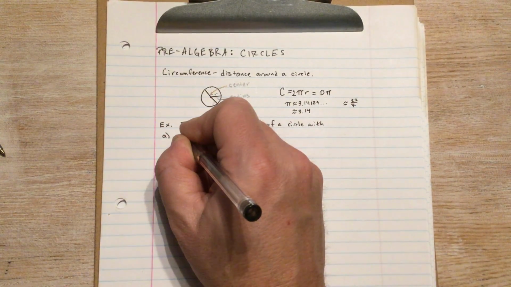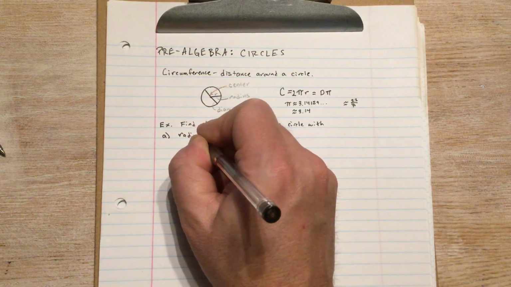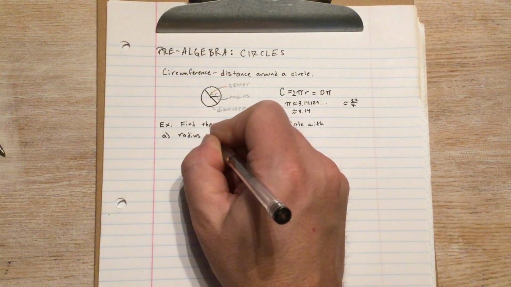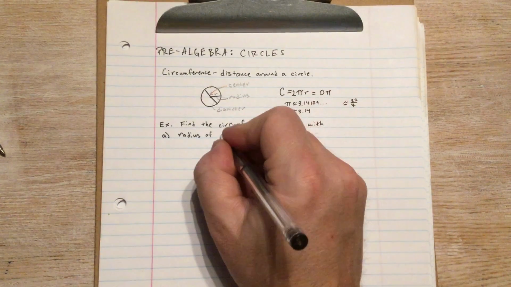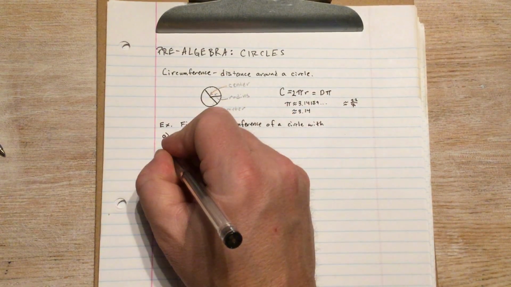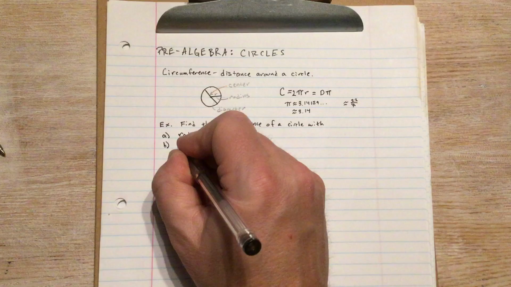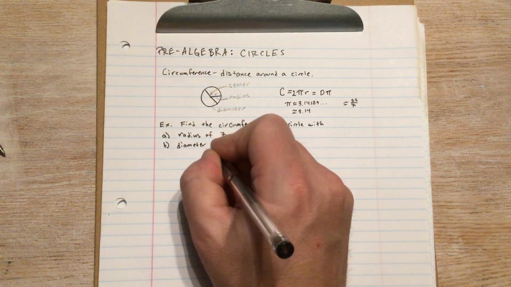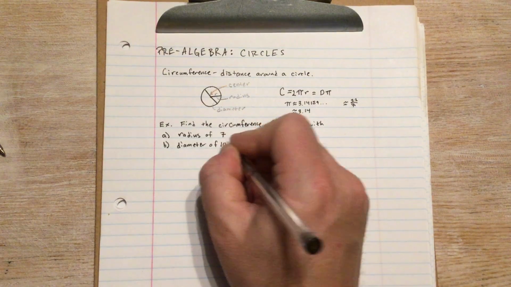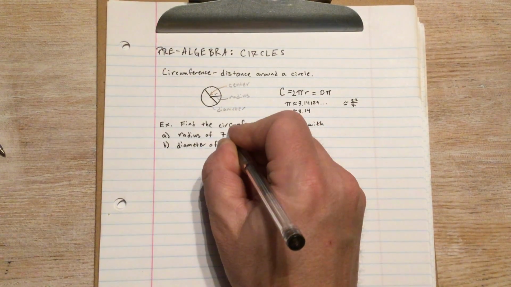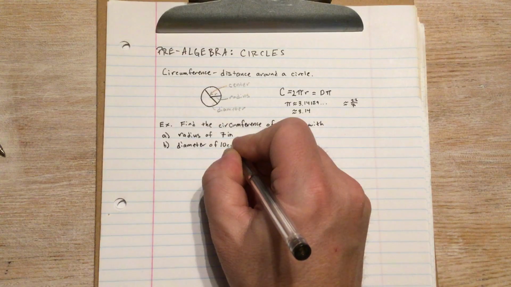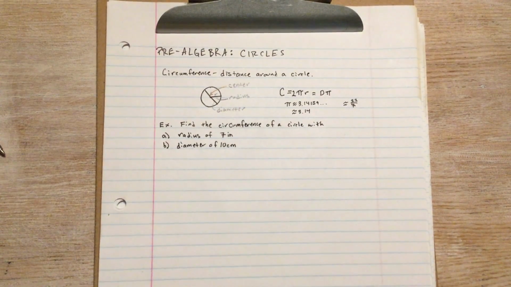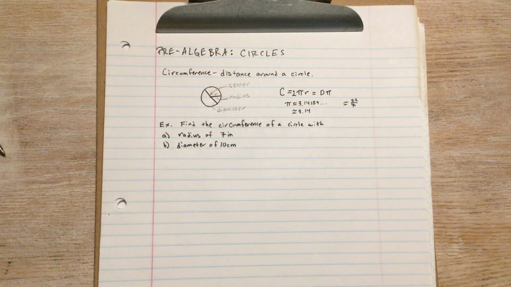We'll do one with the radius of 7 and B, diameter of 10. Now, we have to label something here. So in this case, I'll put inches here and I'll put centimeters here. So it's important that we remember that we do need to include our units.